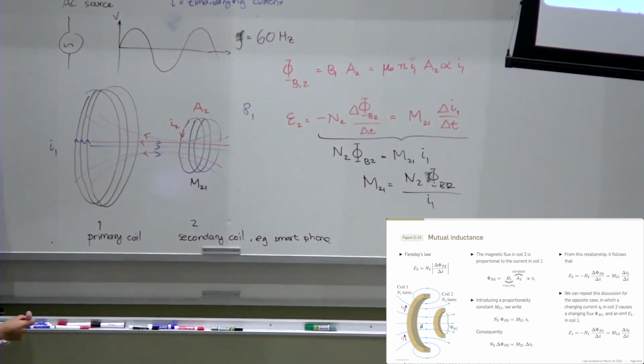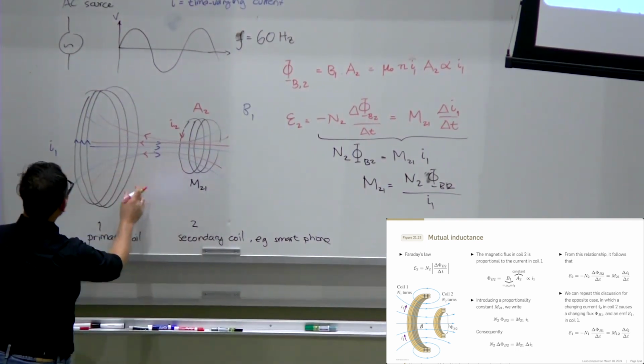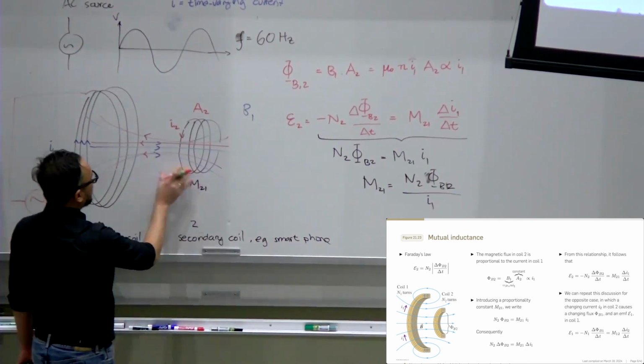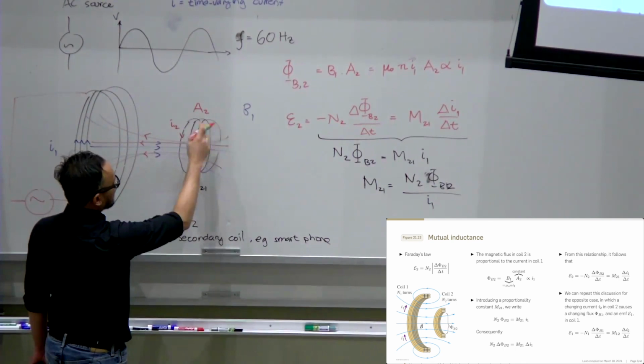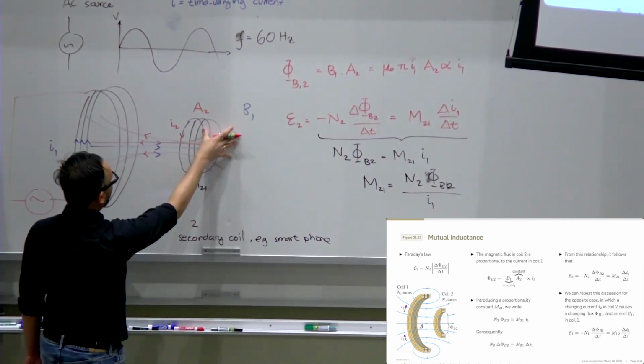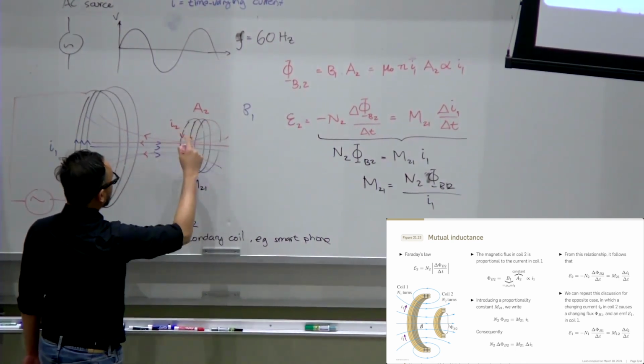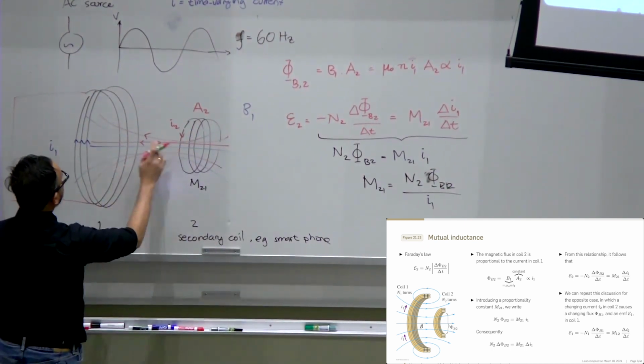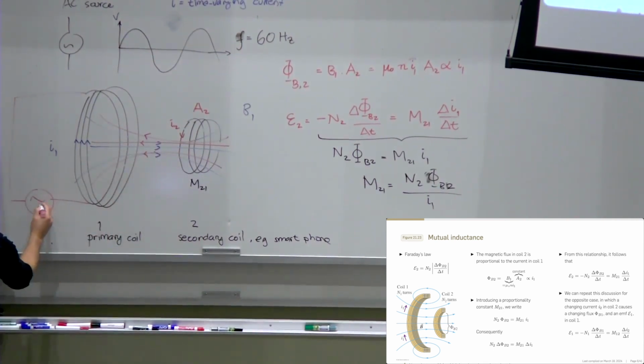This is why we call it mutual, because you excite one. Let's say you put this to your wall outlet and put your cell phone on it. It will generate currents and potential, so you can charge your cell phone, but because there is a current, it will push back magnetic fields to the loop. But as long as you drive it with AC currents, it should be fine. Is that good?